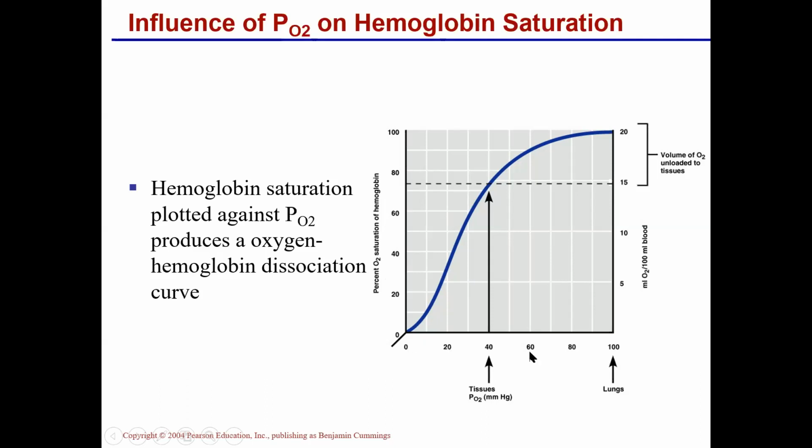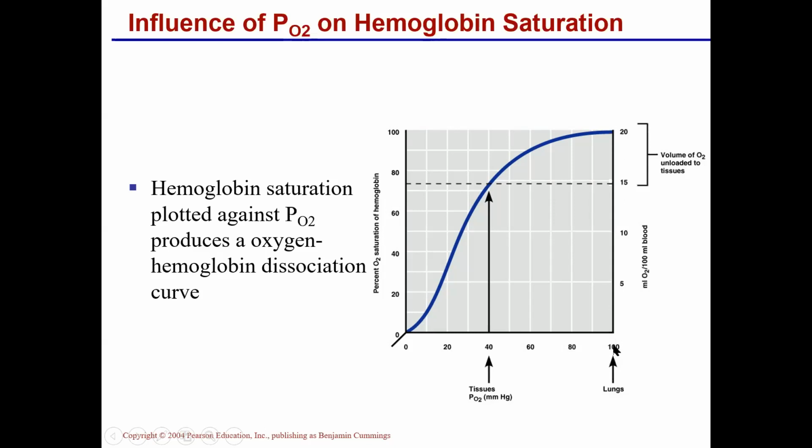On the x-axis is the partial pressure for oxygen. Do you remember the partial pressure for oxygen in the alveoli? 104. Yes? That's why it says it's around the lung right here.